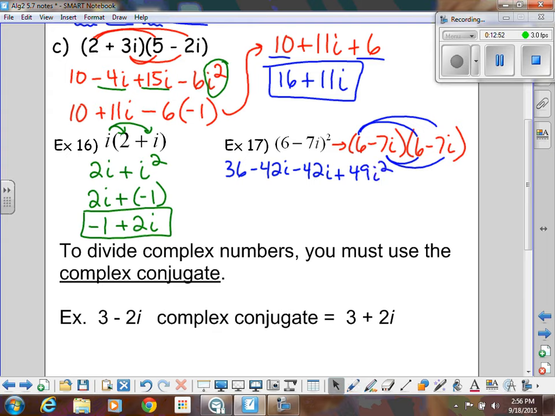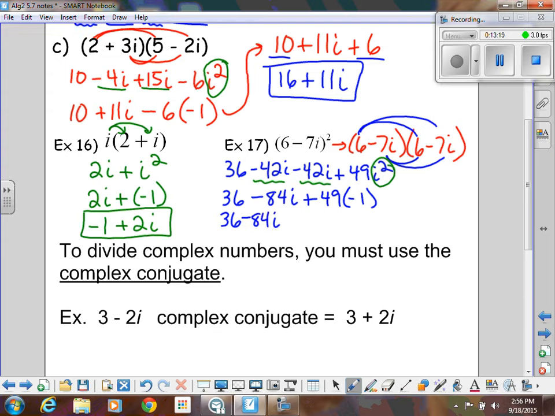So we combine our like terms in the middle and replace the i squared. So I'm going to have 36 minus 84i plus 49 times negative 1. Remember, I replaced the i squared with negative 1. So if I recombine that, that'll be 36 minus 84i.